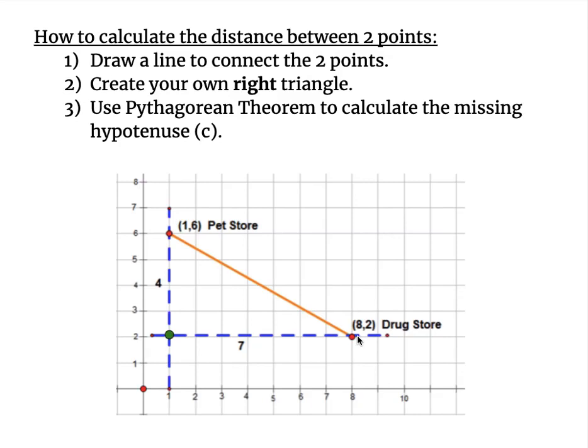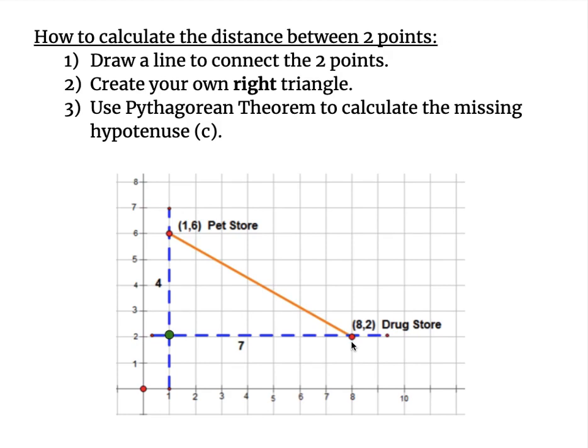So after you draw a line to connect the 2 points, you're going to create your own right triangle. So for this yellow line here, I could create a right triangle this way, or I could have done it up on top, but it's going to give you the same measurements for the legs. So it really doesn't matter what your triangle looks like as long as it is connecting those 2 points on that line.